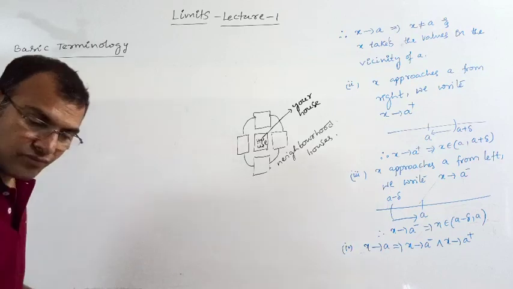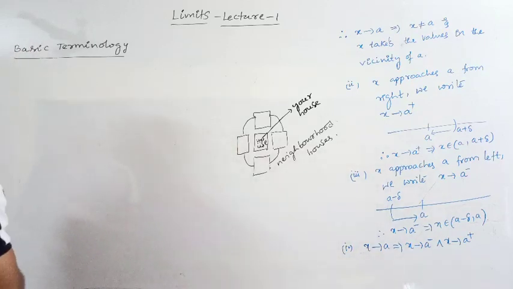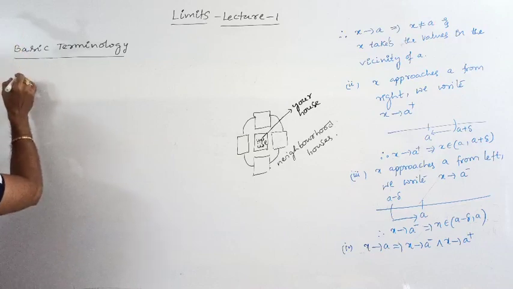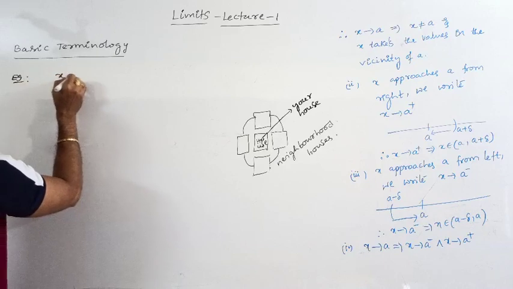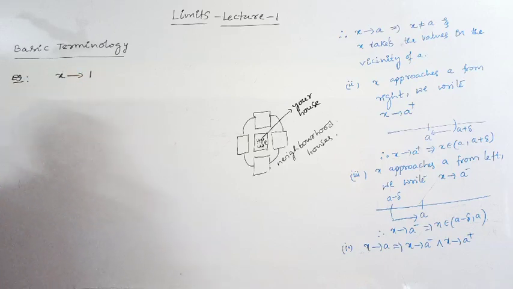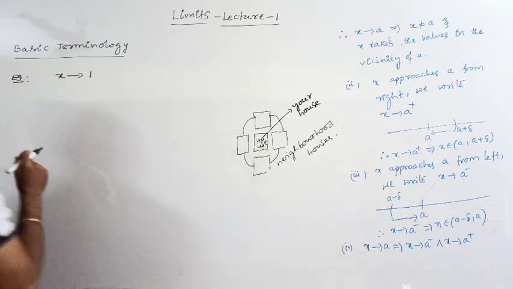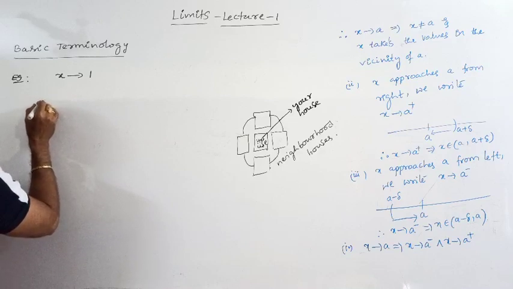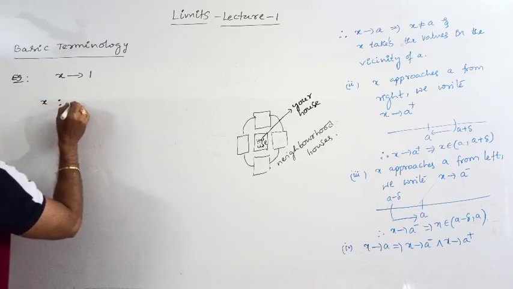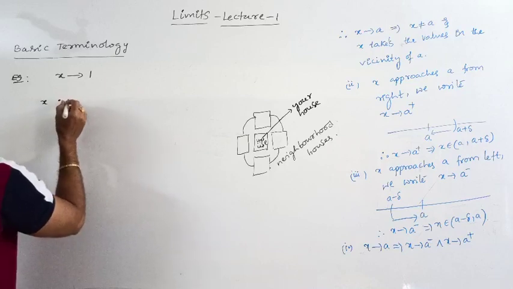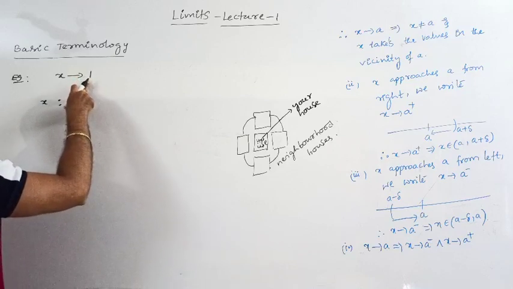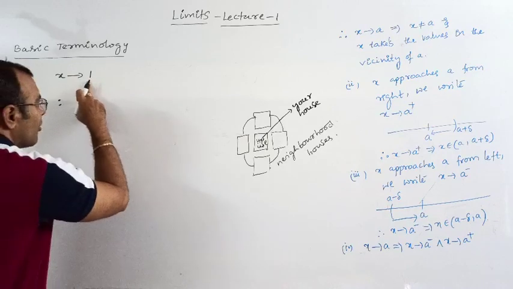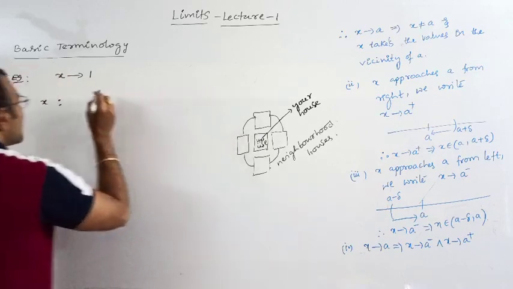All right. What is the meaning of X approaches 1? Here I am taking X values, and we are approaching 1.